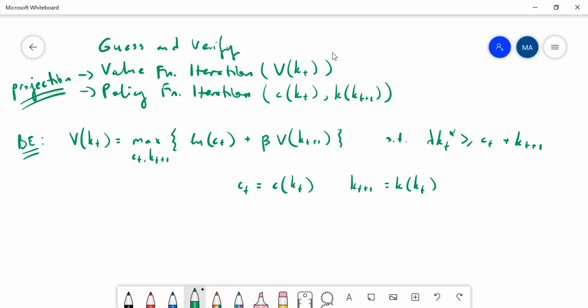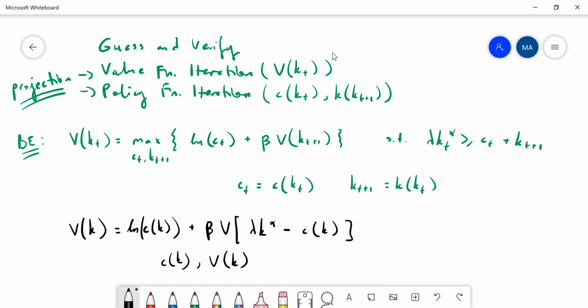Unfortunately, this is a functional equation in two unknowns. If we know c(k), the policy function, we can find the value function. If we know the value function, we can find the policy function, but we cannot do both. So that's the idea of using projections, or guesses.